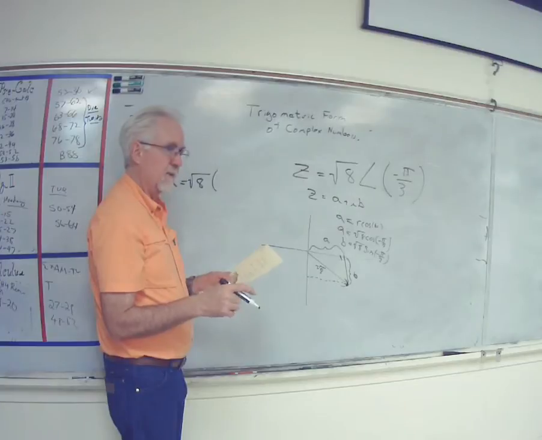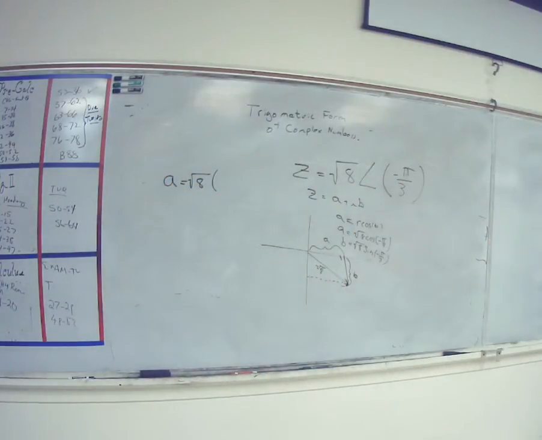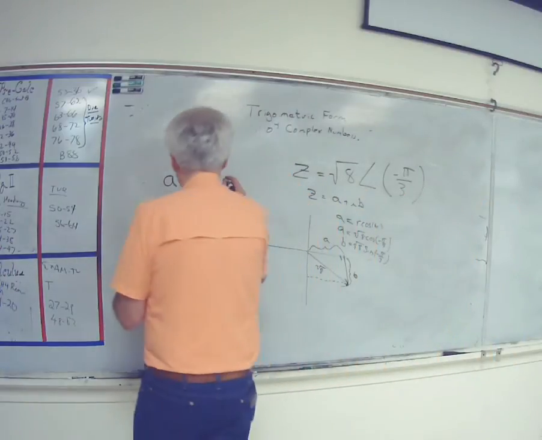Did I do it wrong? Okay, let's look at it. So where is minus pi over 3? It would be here. Sine is y, so sine is minus the square root of 3 over 2 and cosine is 1/2. You're right. I was crazy. Okay, so this is 1/2.